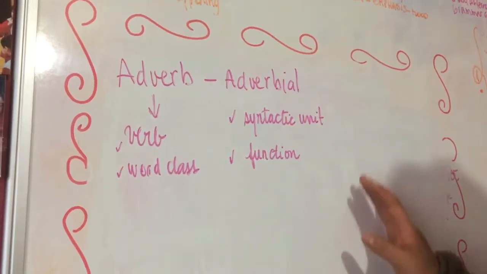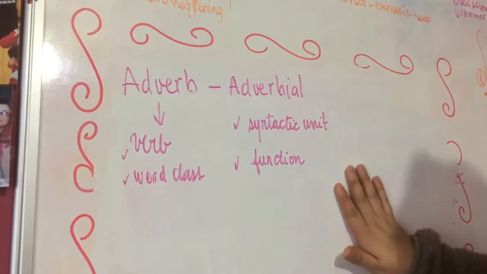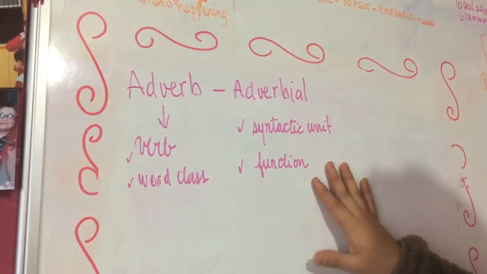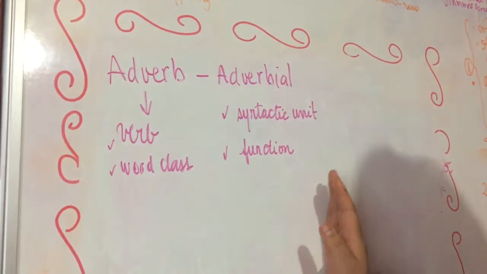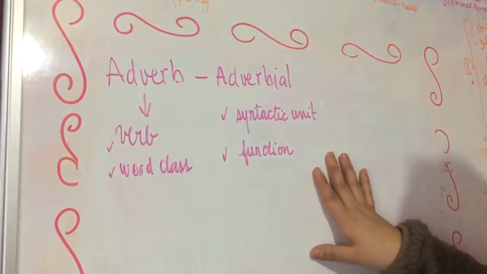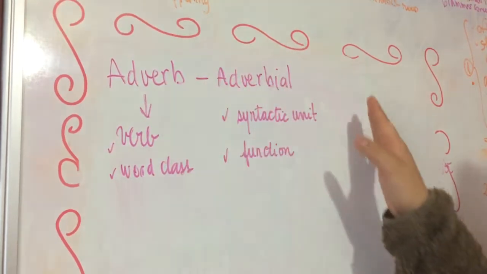Now in the second part, we are going to observe some important differences that you, as a grammar learner, need to know. As I said before, now we are going to focus on the difference between two concepts. Our first difference is between adverb and adverbial.